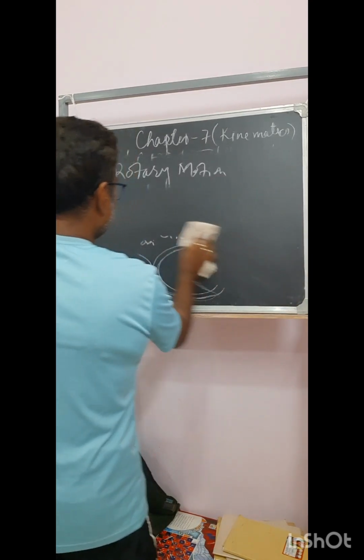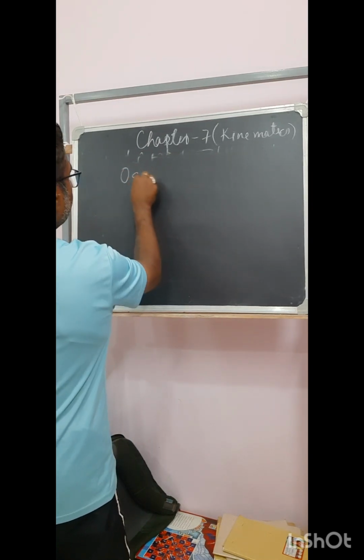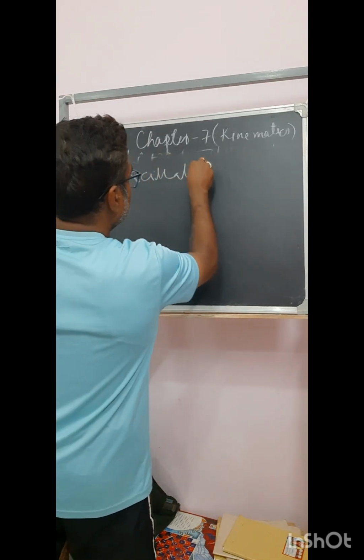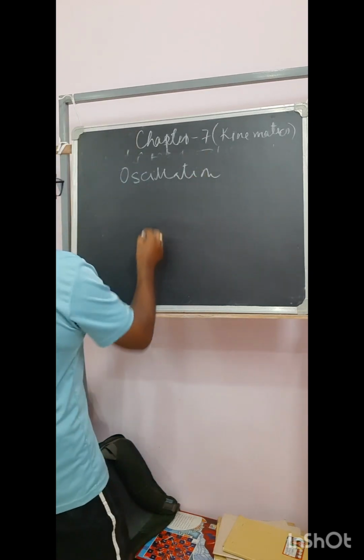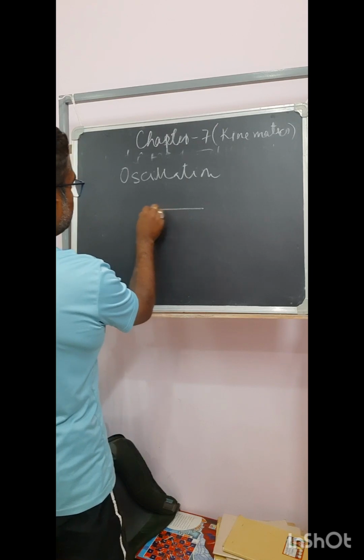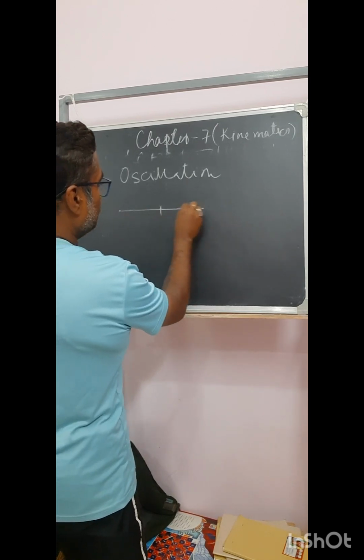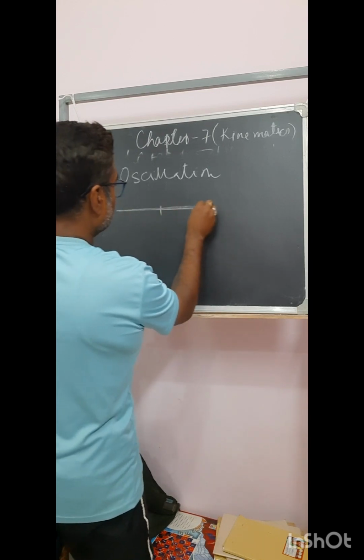And the last one is the oscillation, where the movement of the object is back and forth. So in a fixed path, they will move along that path back and forth.